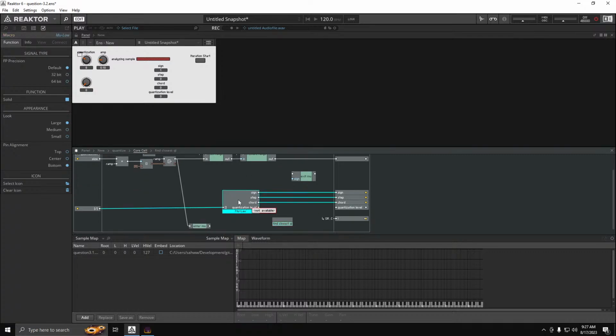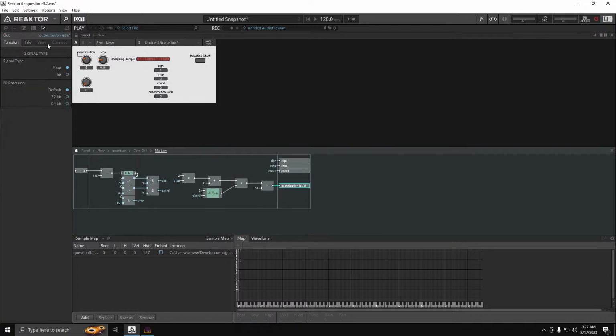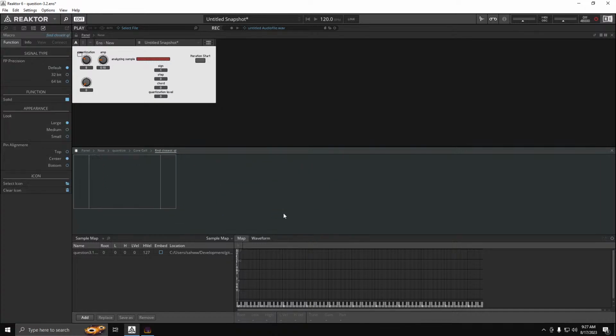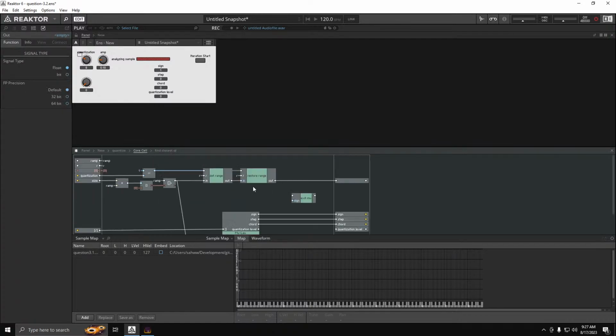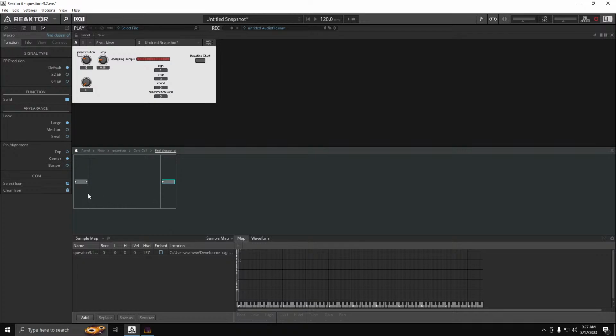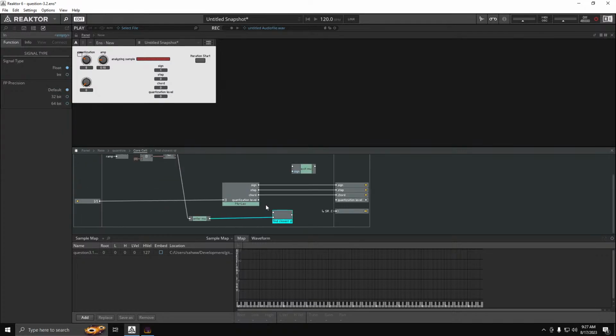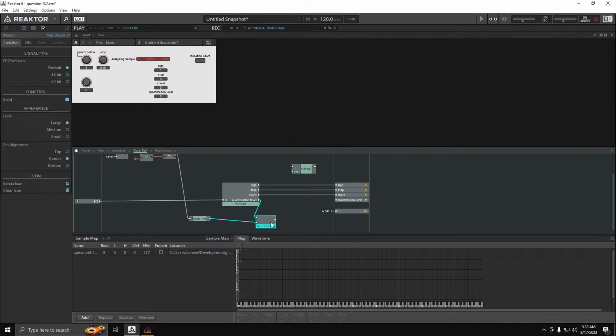QL will just stand for quantization level, I guess. Boom. So it'll iterate through all the quantization levels.